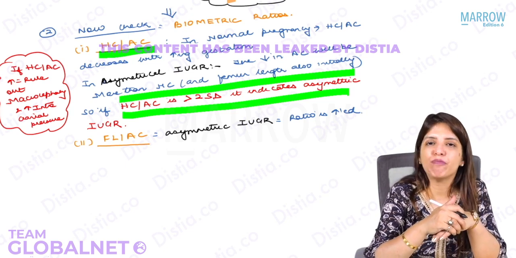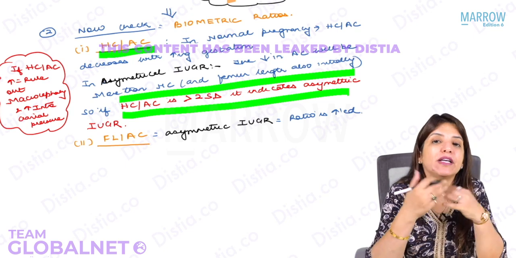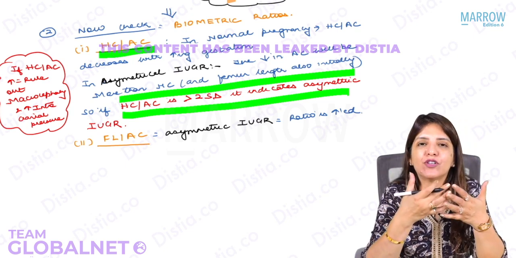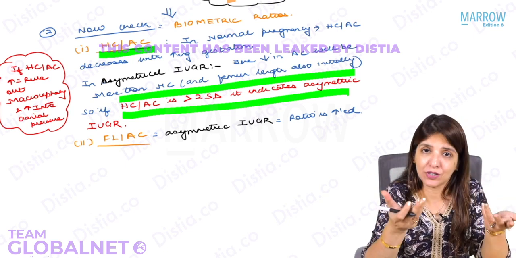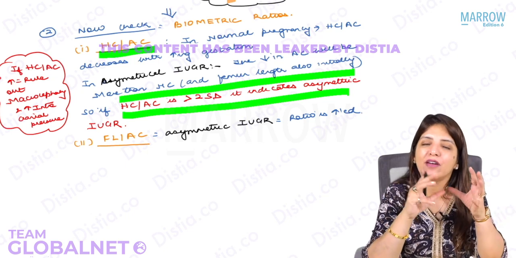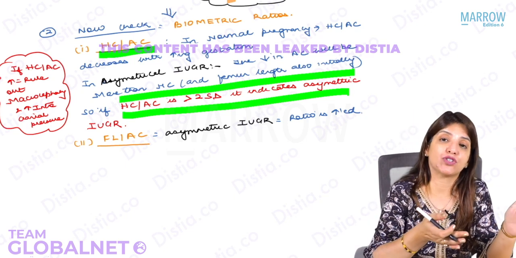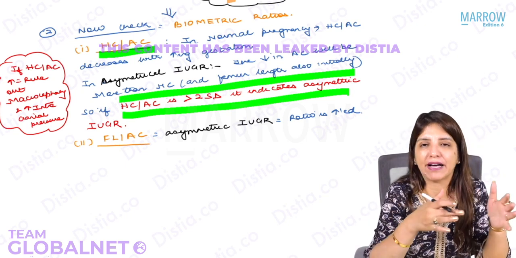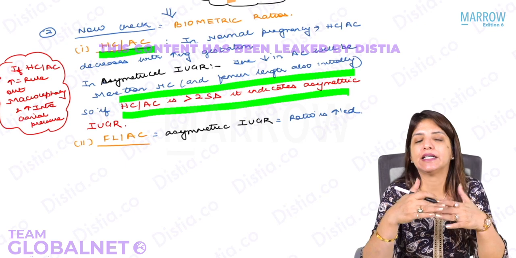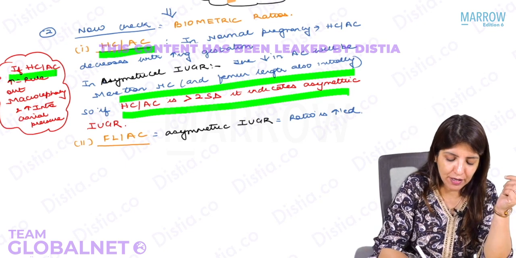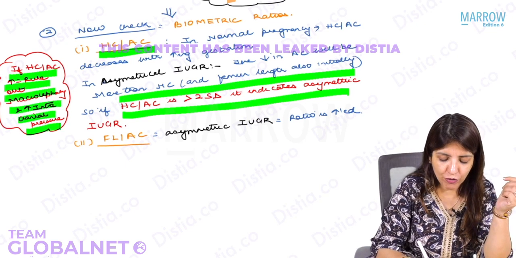In a case of macrosomia, the head circumference will be increased. So if head circumference is increased, the ratio will increase, right? So whenever the ratio is increased, it does not always mean asymmetrical IUGR. It could mean macrosomia. It could also mean increase in intracranial pressure. Clear to all of you?